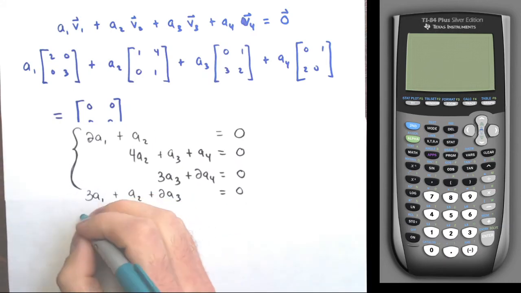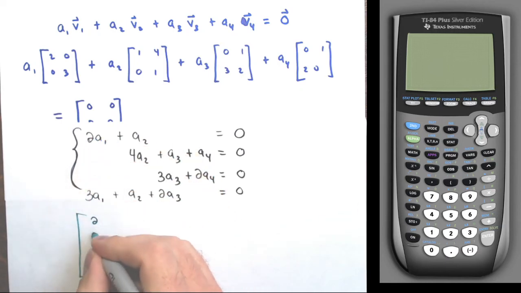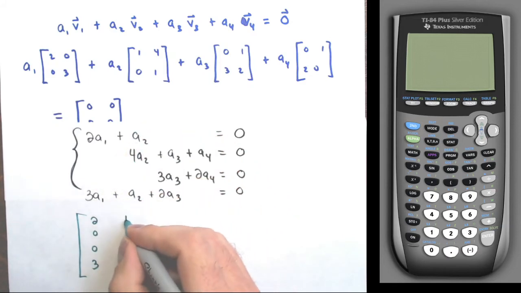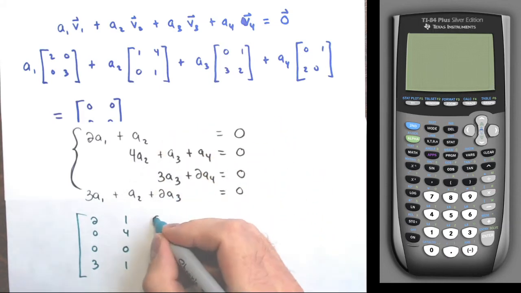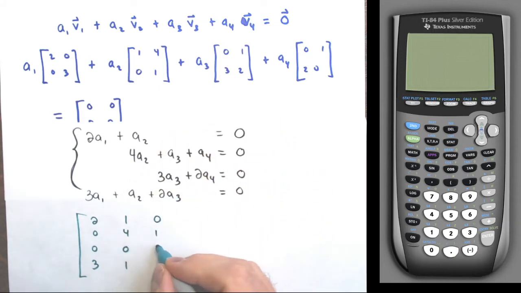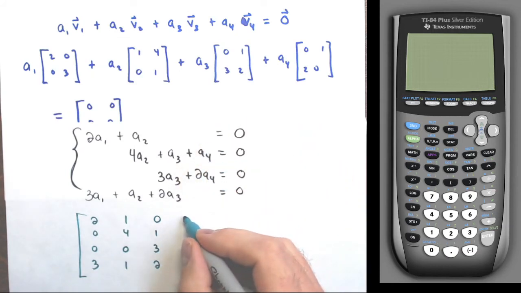So I'm going to put down here the coefficients of a1 down the first column, coefficients of a2 down the second column, coefficients of a3 down the third column, coefficients of a4 down the fourth column.